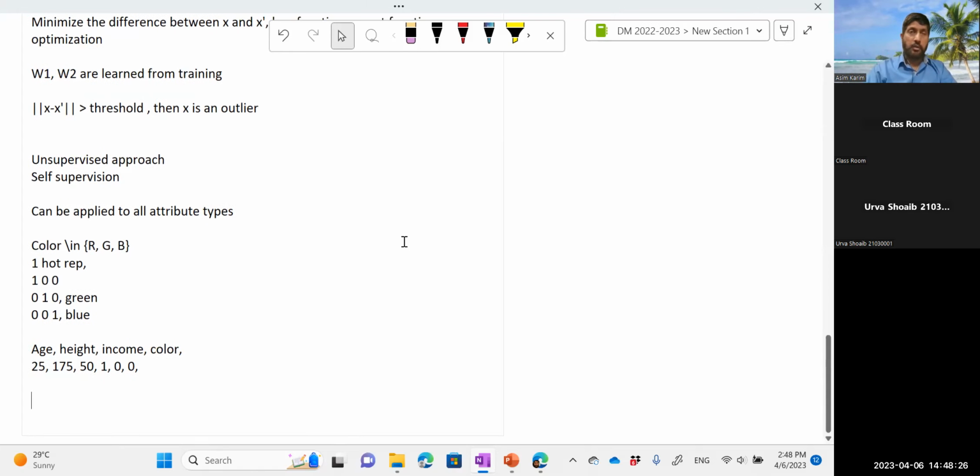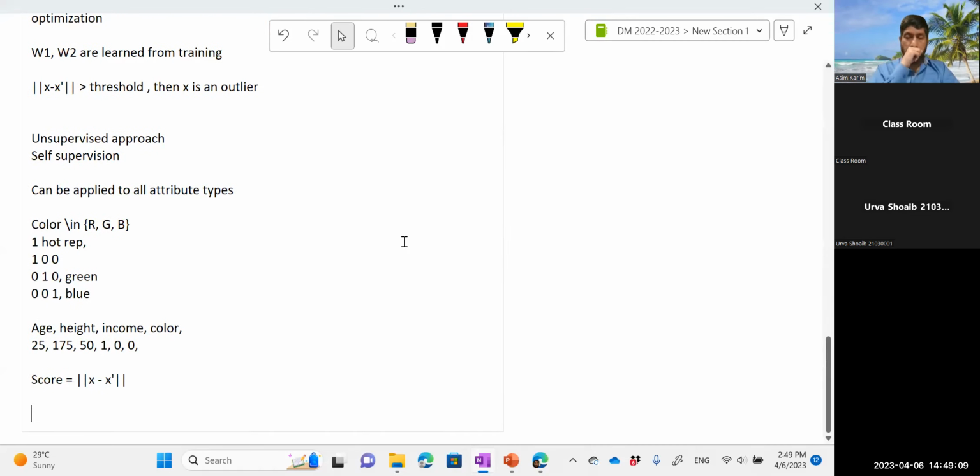So by the way, ये जो था x minus x prime का norm, you can use this as a score as well. ठीक है, so this can be called a score, and then you can rank all objects according to the score. जिसका score एक threshold से ज़्यादा आ रहा है, तो you can call those objects outliers. ठीक है, so any questions on this?